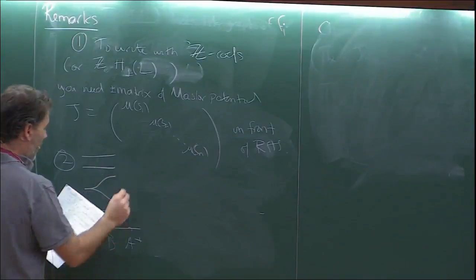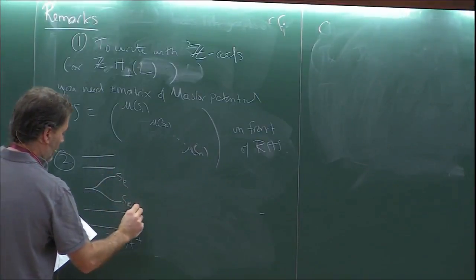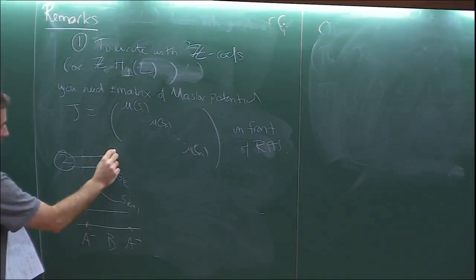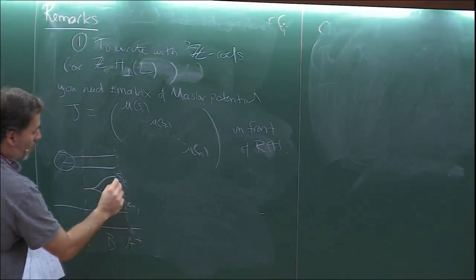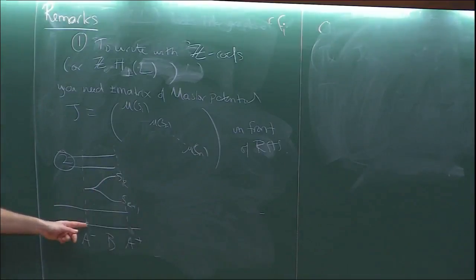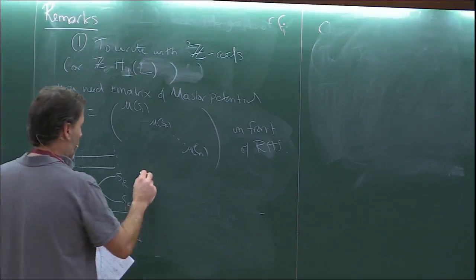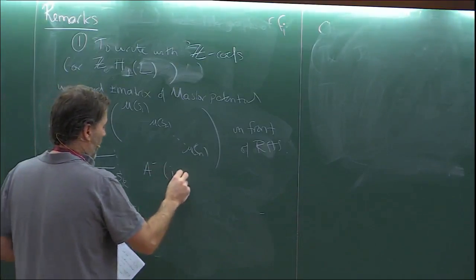So let's say this is like S_k and S_{k+1}. So these sheets continue, and over this zero cell, I only have a 3 by 3 matrix, and over this one cell, I have a 5 by 5 matrix.